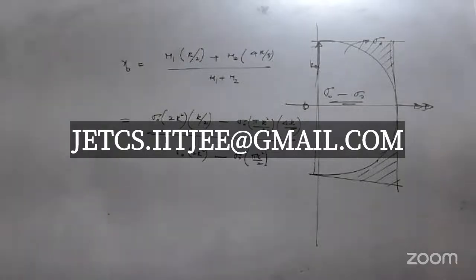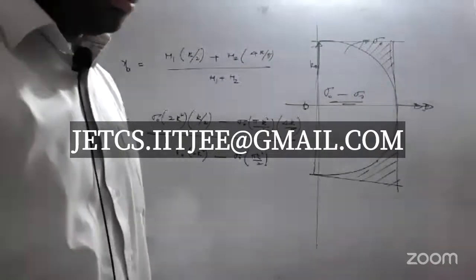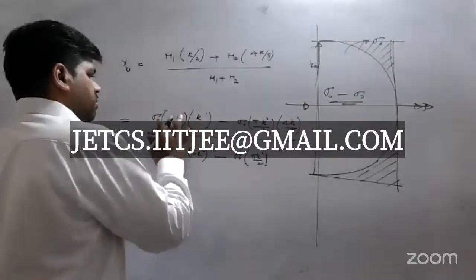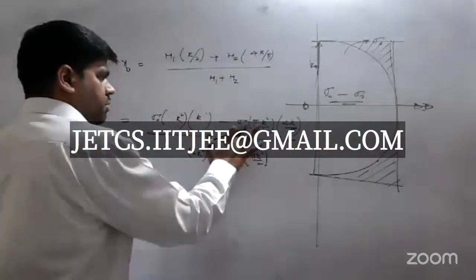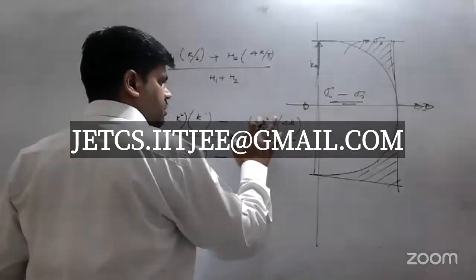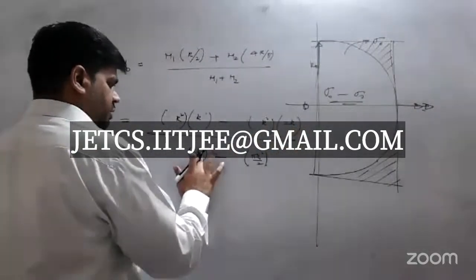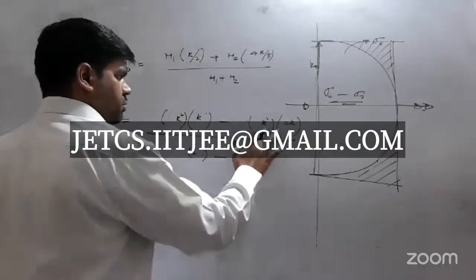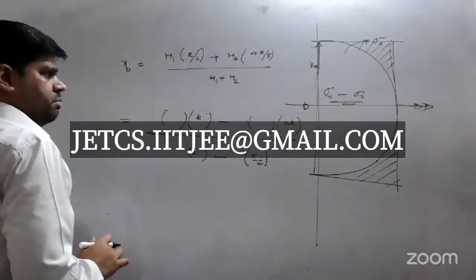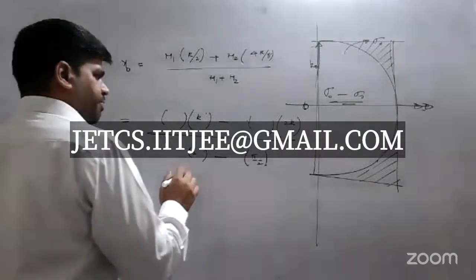So what's the answer? I mean, the answer is anyway there in the pic, but can you tell me what the simplification is over here? I'll cancel out 2 here, cancel out sigma, cancel out pi, and cancel out one r square. Yeah.